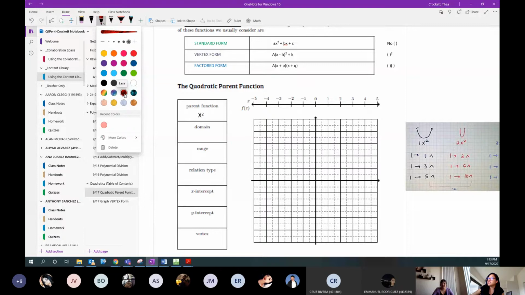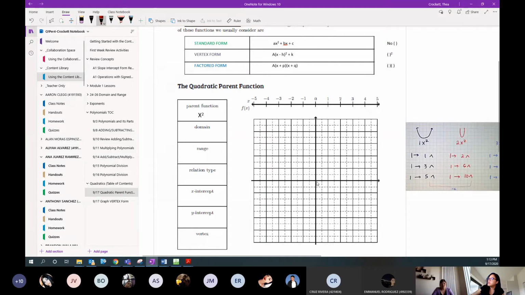Okay, I'm going to change it to lava, and then pick the biggest one before the plus. Okay, and then this is what I'm going to use for my points.